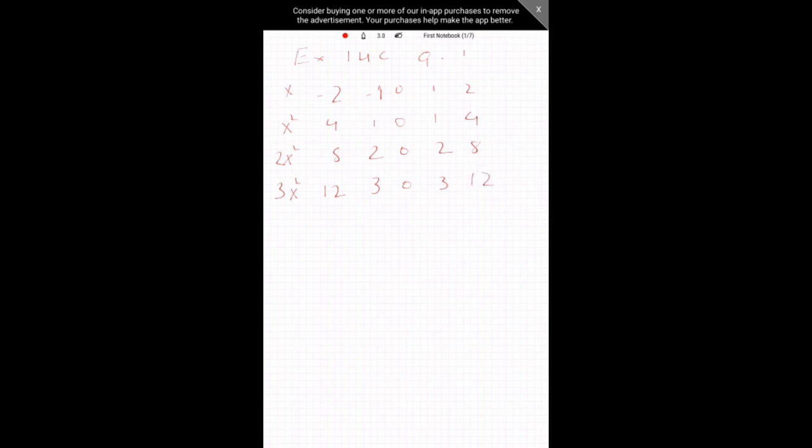These are the values of y for y equals x square, y equals 2x square and y equals 3x square, and these are the values of x, ranging from minus 2 to plus 2. And y is ranging from 0 to 12. The maximum value is 12.